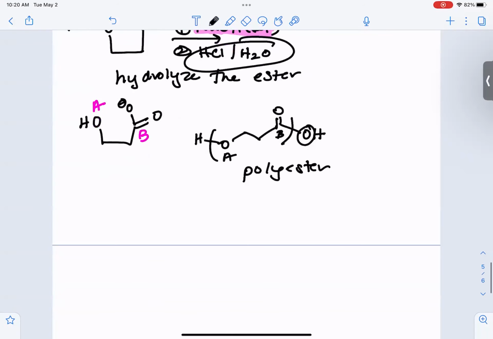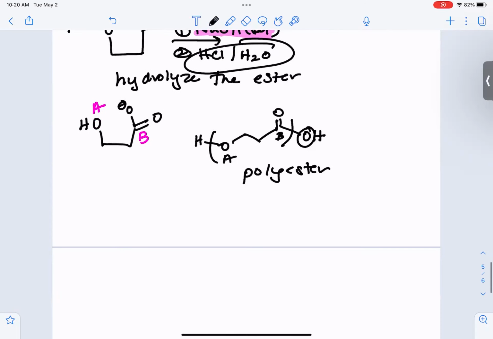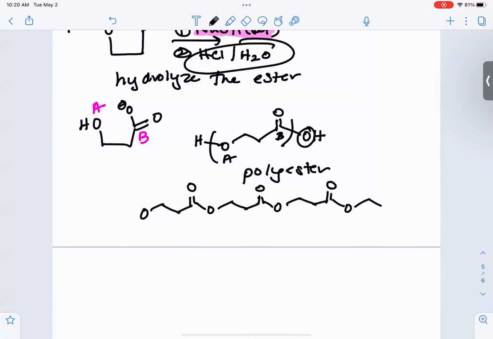So the repeating linkage is going to essentially look like this. That's your repeating unit, that's what the polymer part looks like. And then you just cap the ends to stop the growth once all the monomers are consumed.